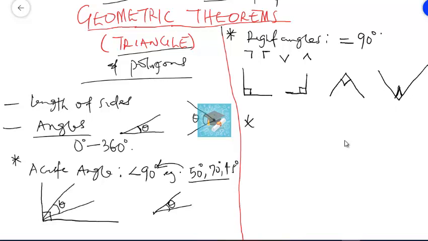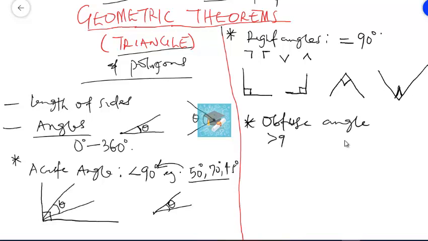So the next type of angle we look at is obtuse angle. An obtuse angle is greater than 90 degrees, but less than 180 degrees.